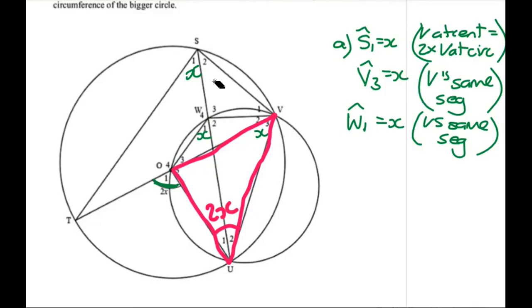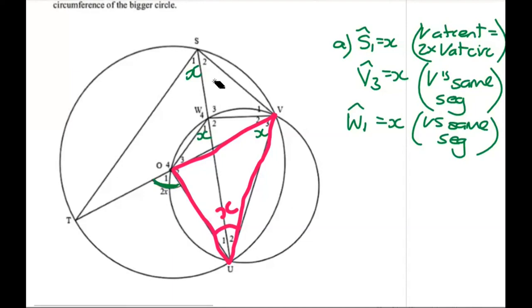But unfortunately, we don't know if it's been cut in half. Yes, it's an exterior angle, so the whole thing will be x. Yes, that is fine because the other one's x.